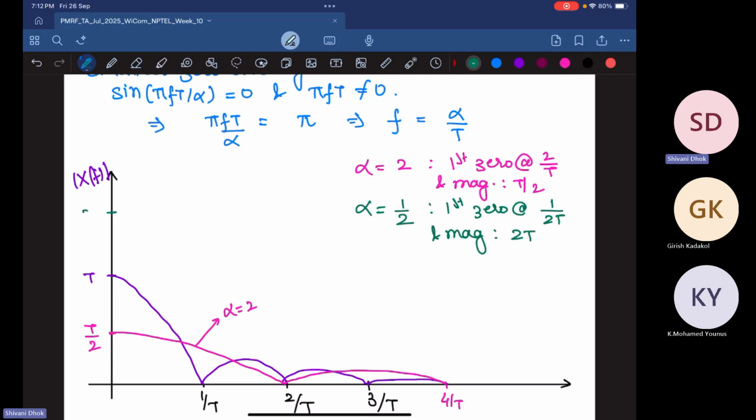So we have 2T here, then we have 1 by 2T, then we have 3 by 2T and so on. So it starts something like this. Then we have a jump here, and so on. So this one is for alpha equal to half. Is it clear? Any questions?